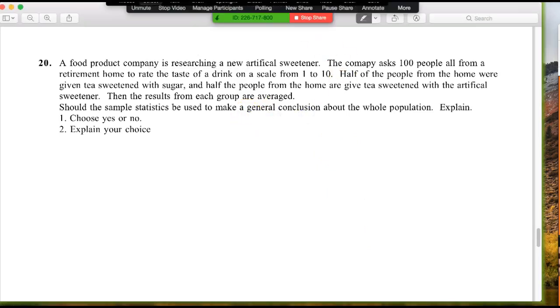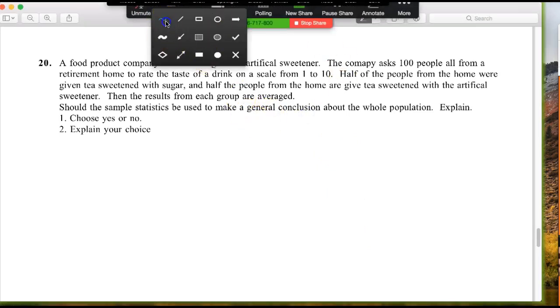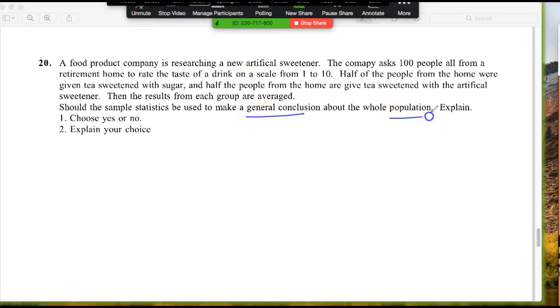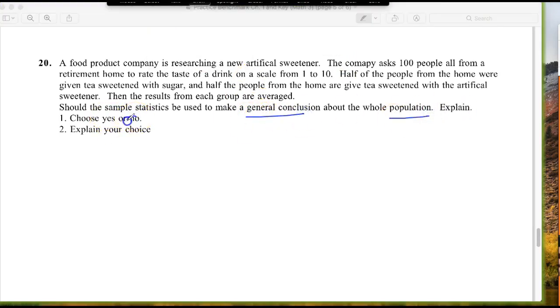Well, was there a bias to it? Is the sample size too small? What do we have here? I'm going to go with no. And the reason I choose no is they did 100 people and they only asked people in a retirement home. So the reason I'm going to say no is the people in the population that they surveyed are going to be generally older than the general population.